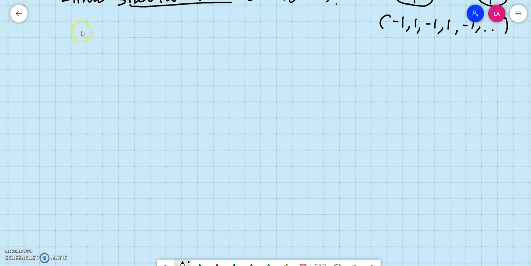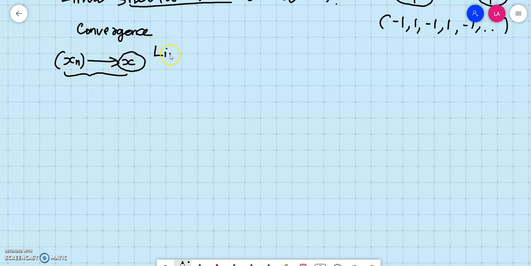In the previous class, we discussed the concept of convergence. A sequence denoted as xn is said to converge to x. This is the notation, where x is called the limit of the sequence.